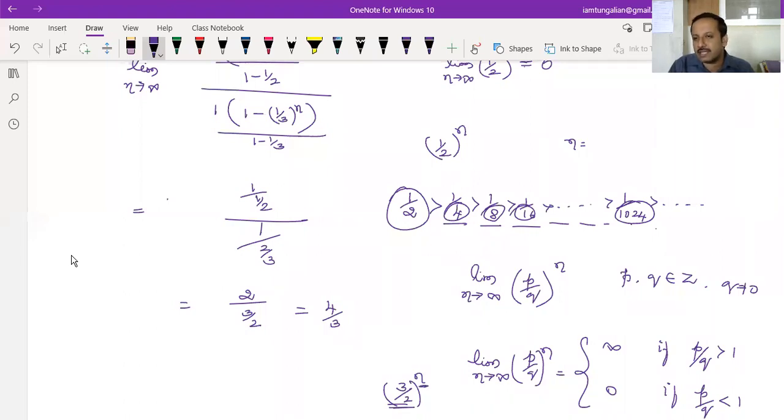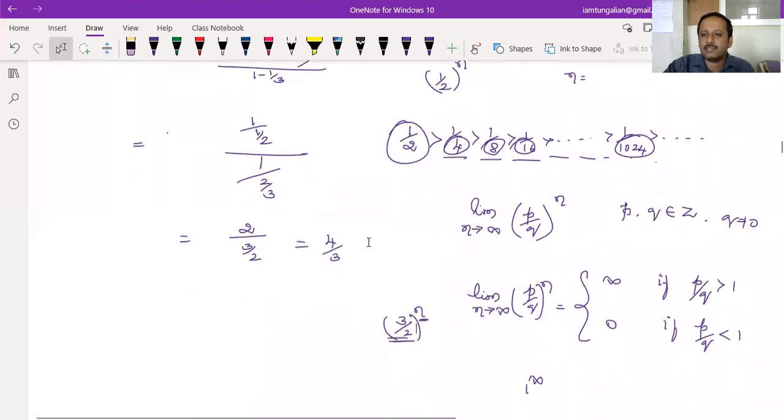Therefore, when the power reaches infinity, the fraction will also reach infinity. Is it clear? Did you understand this concept especially? The limit as n tends to infinity of (p by q) whole power n is infinity if p by q is greater than 1, and 0 if p by q is less than 1.